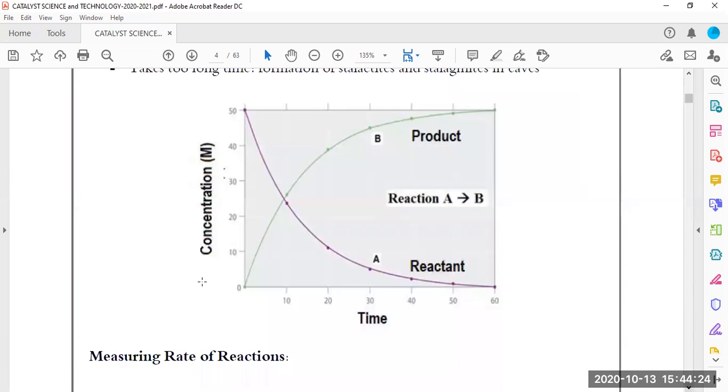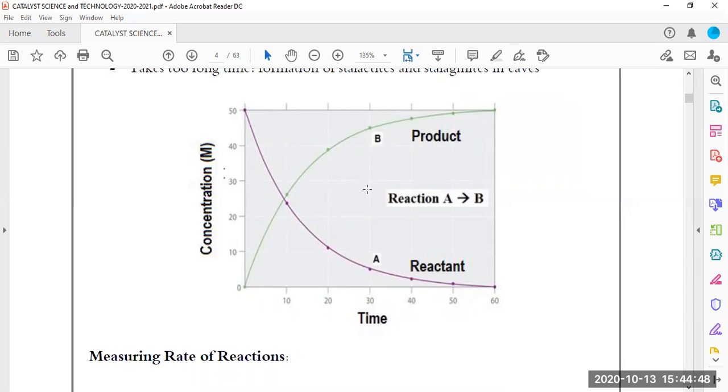Okay, so in general, we plot concentration against time, and we measure that concentration change within time, either for reactant or product. Sometimes you can do it easily with reactant, or sometimes with product. It doesn't matter.